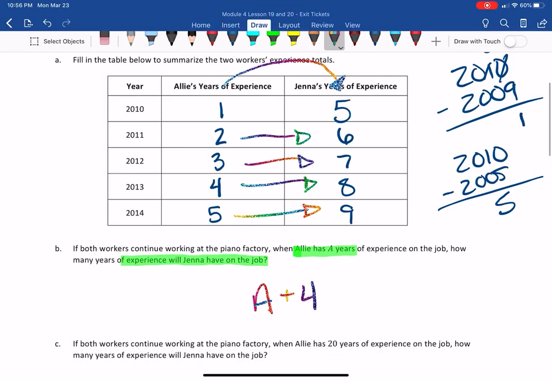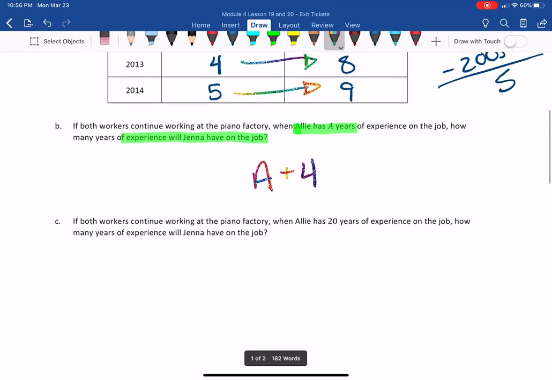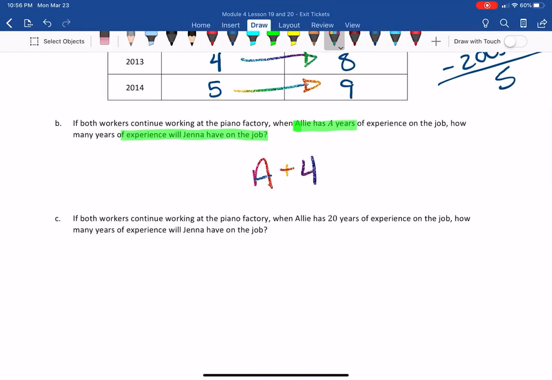If you look at question C, it says if both workers continue working at the piano factory when Allie has 20 years of experience on the job, how many years of experience will Jenna have? So I'm using this equation right there to figure this out. I have Allie plus 4 years.